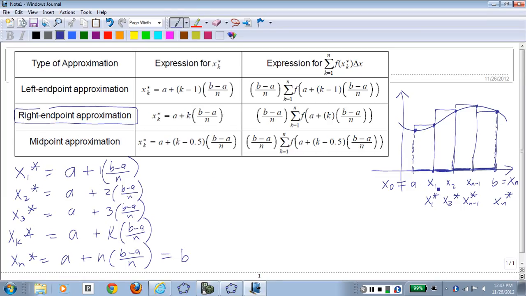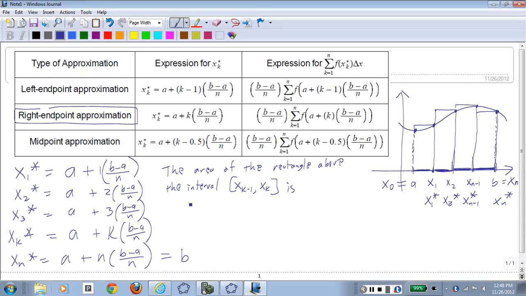The area of the, how to say this, the rectangle above the interval from X sub K minus 1 to X sub K is, well, it would be the height times the length of that interval.